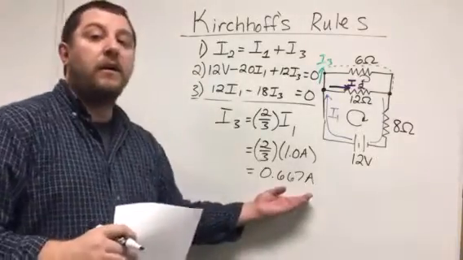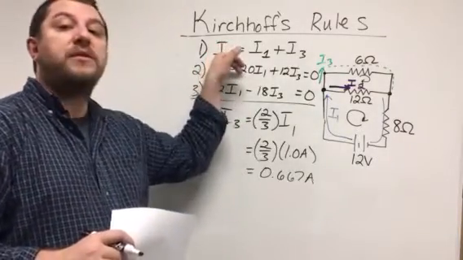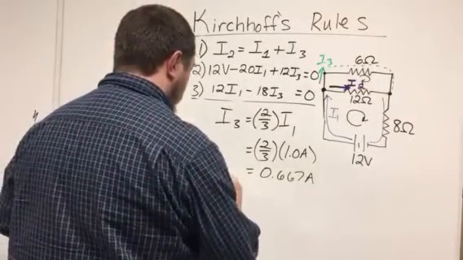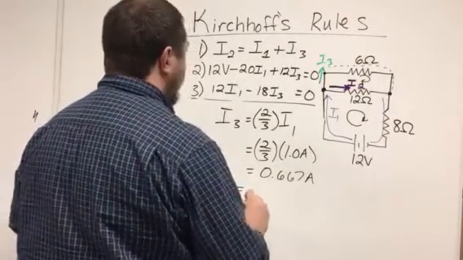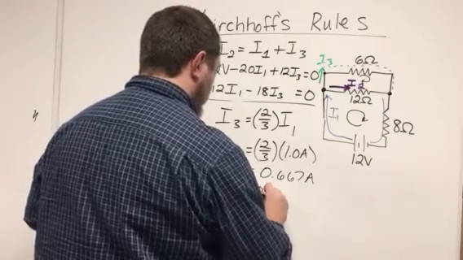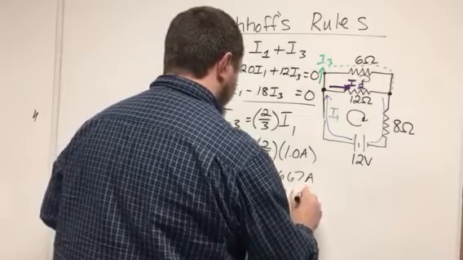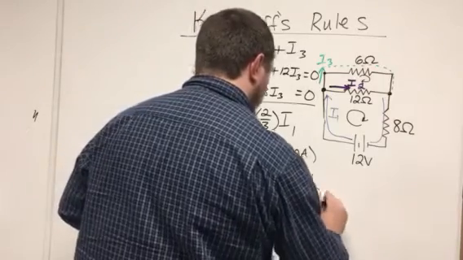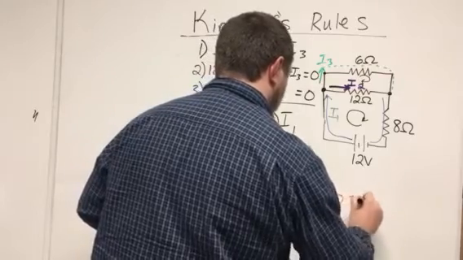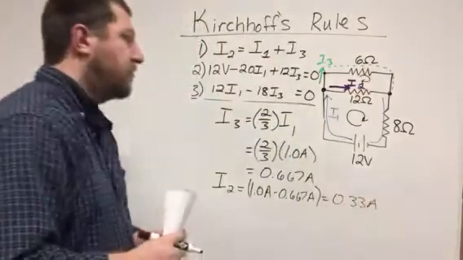And now that we're here, all we need to do is use this first relation to solve for I2. So I2 is going to be equal to 1 amp minus 0.667 amps, which is 0.33 amps.